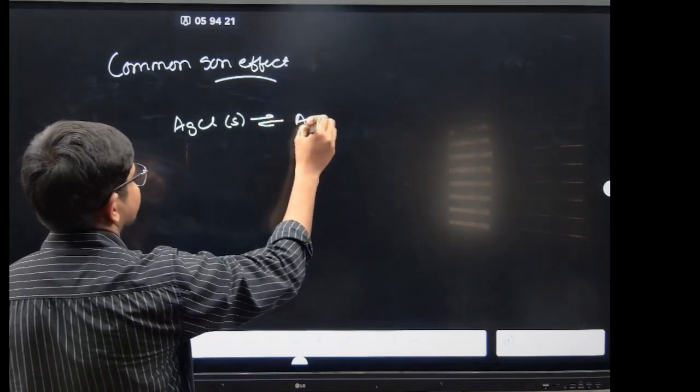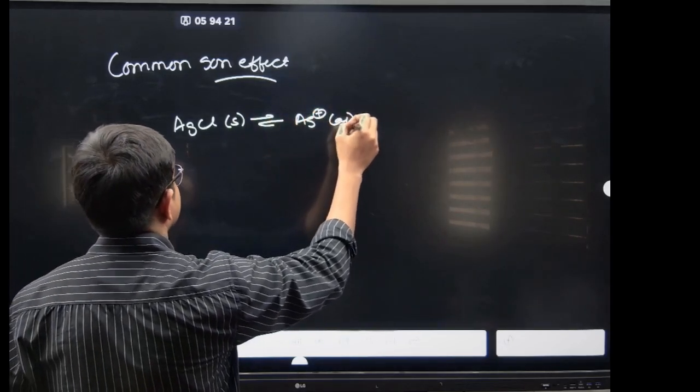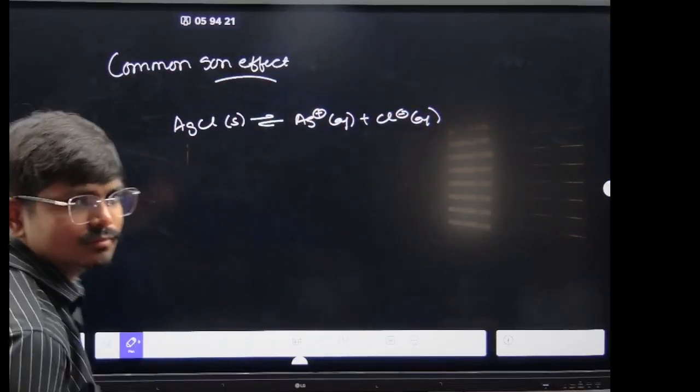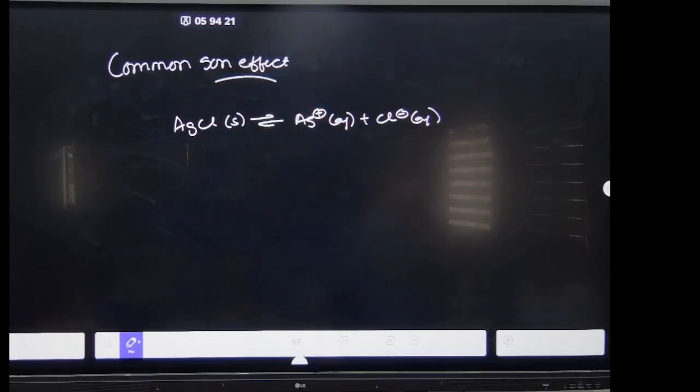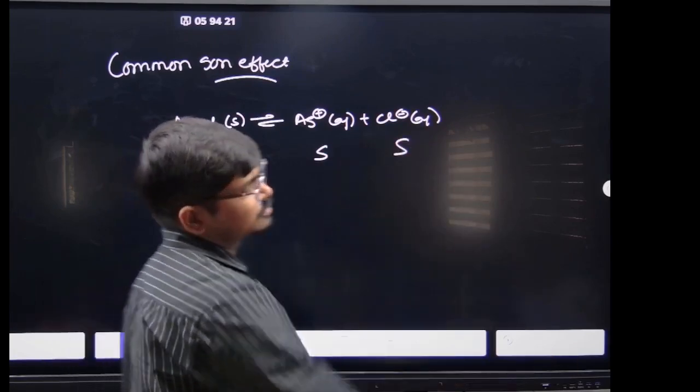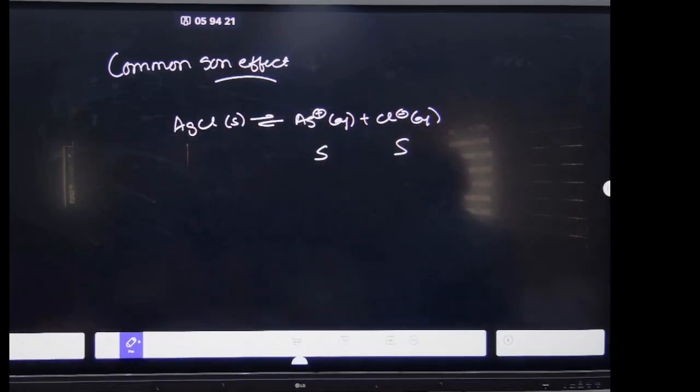This will be ionized as Ag plus aqueous plus Cl minus aqueous, isn't it? So the solubility will be S and S, got it?